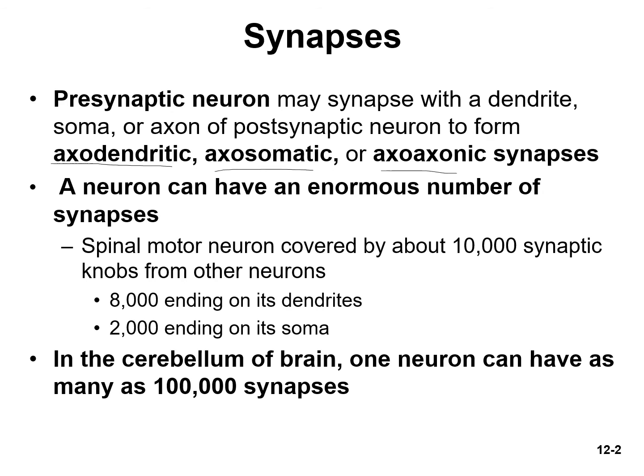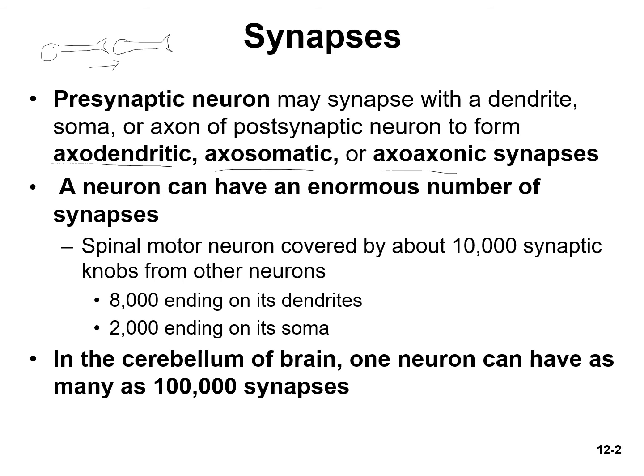So a presynaptic nerve is going to either synapse with a dendrite, a soma, or an axon of your postsynaptic neuron, and a neuron can have an enormous number of synapses. So typically when we're first learning about how action potentials work and communication between neurons, we're thinking about this in a very simplified linear fashion, where you have your neuron leading to another neuron, and it's just this very simple little linear pathway. But in reality, you can have so many different patterns of synapses.